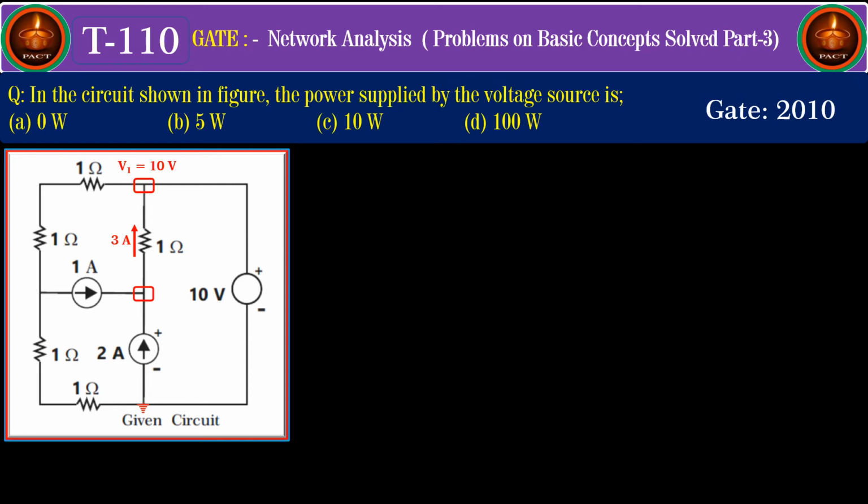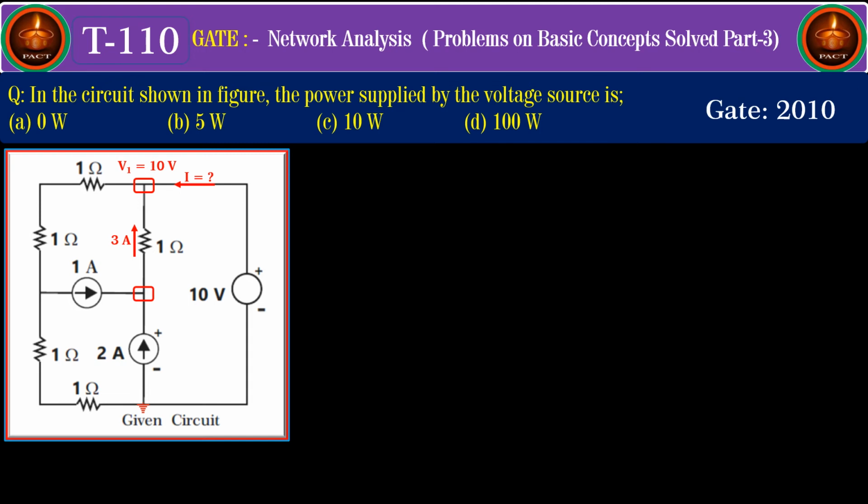So using Kirchhoff's law, we find that 3 amperes will enter V1. Fine. What we want to find? We want to find I, so that we can find the power delivered by the voltage source, which is equal to 10 volts into this current I.